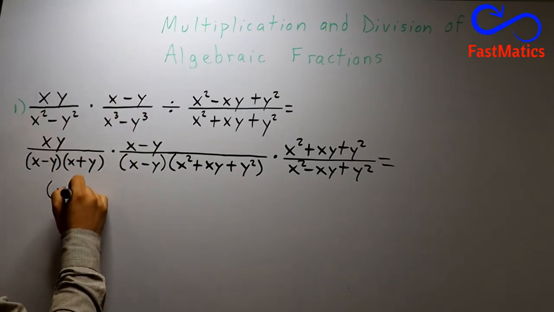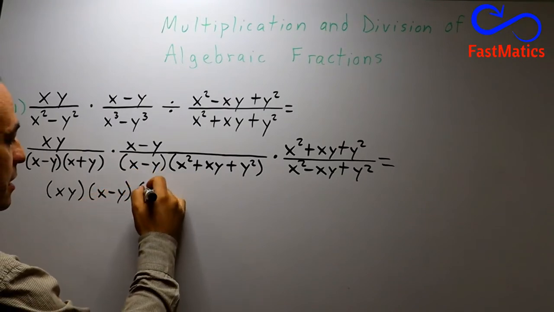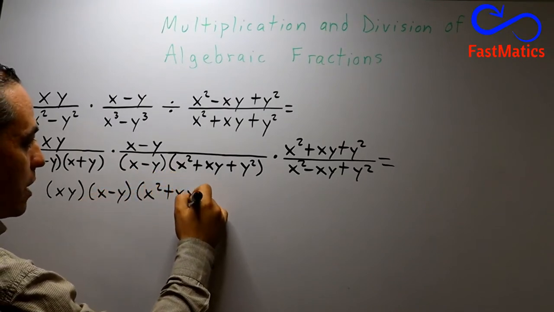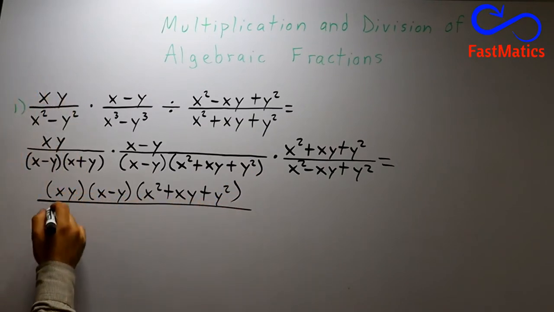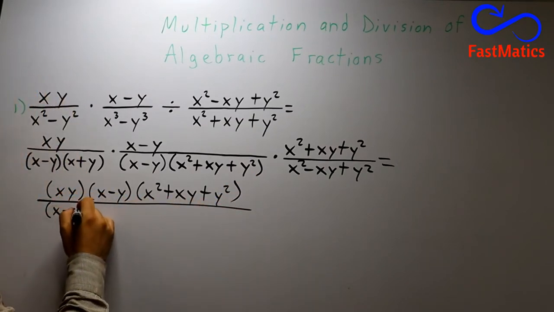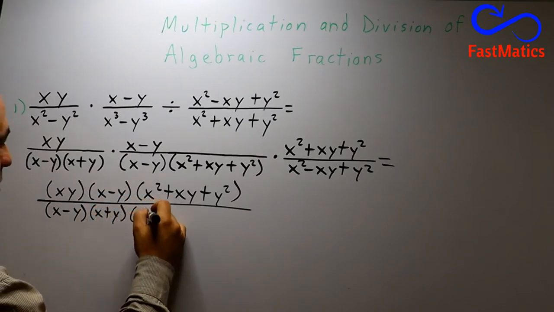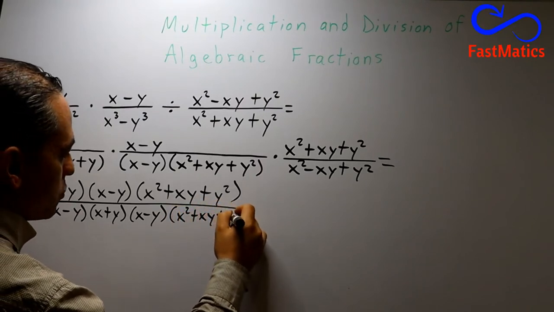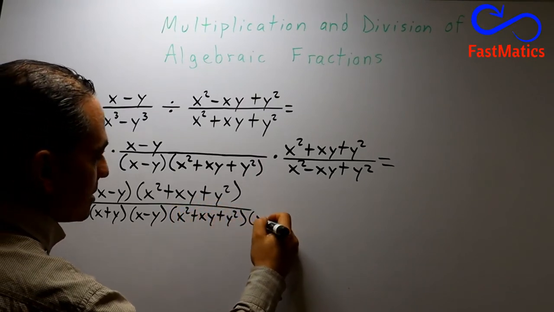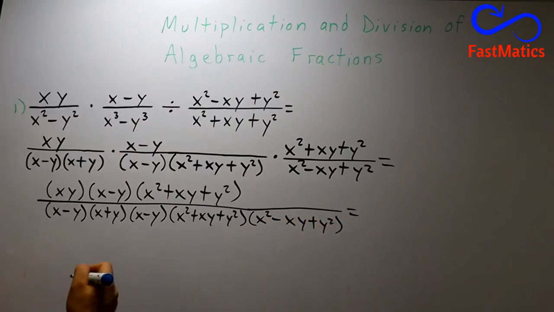So xy times x minus y times x squared plus xy plus y squared over x minus y times x plus y times x minus y times x squared plus xy plus y squared times x squared minus xy plus y squared.